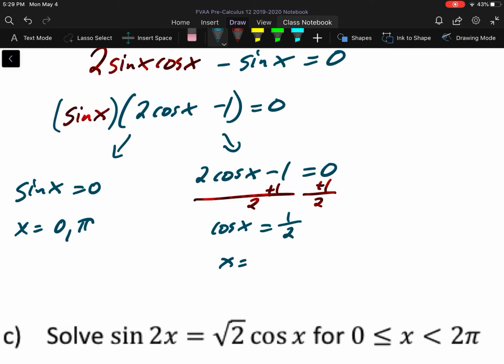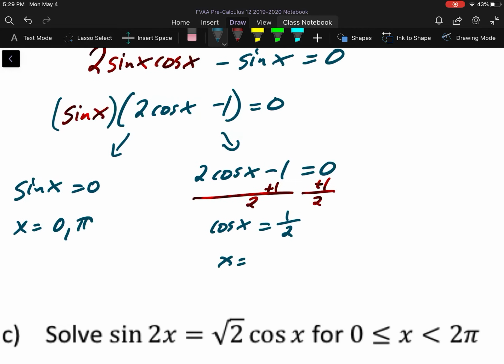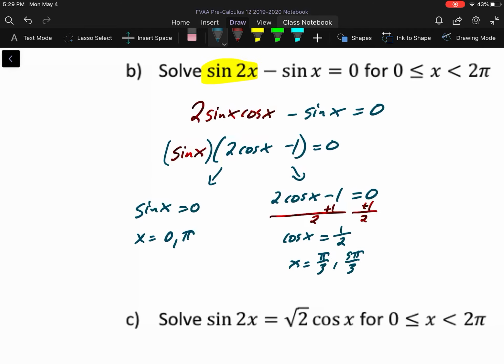So the x component of our coordinate on the unit circle is equal to 1/2 at pi over 3 in quadrant 1 and 5 pi over 3 in quadrant 4. By the CAST rule, cos is positive in quadrants 1 and 4. So we have our two solutions.